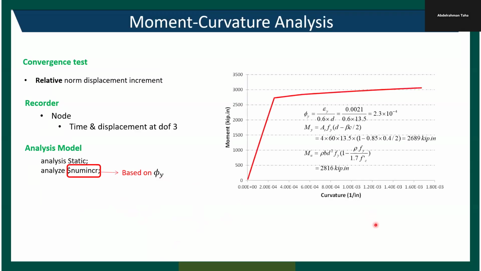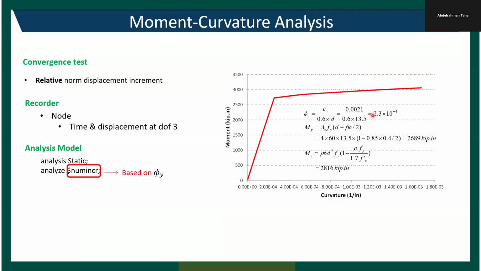One way of doing it is using these code-based equations. As you can see, the yielding curvature here is a function of the yielding strain of the cross section, in this case 0.0021 for a reinforced concrete cross section, divided by 0.6 multiplied by the depth of the cross section. And in this case, 13.5 is the depth of the cross section, 16, minus the cover.